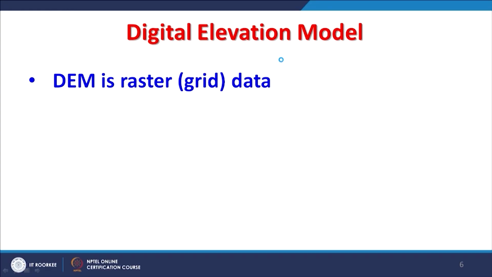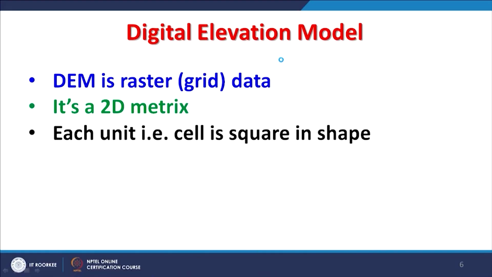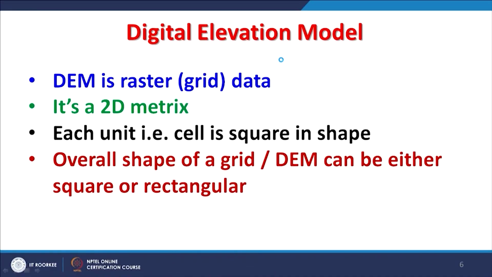Now as you know, the DEM is a raster, it is a 2D matrix, and each unit is a cell, square in shape. The overall shape of the grid or DEM can be either square or rectangular. When we discuss the no data, at that time this also came up. What would happen if I want to represent a DEM for a political boundary or a hydrological boundary?